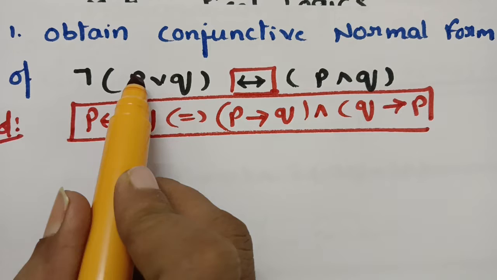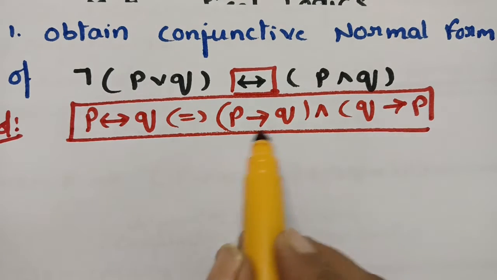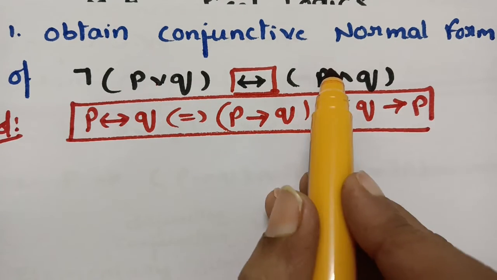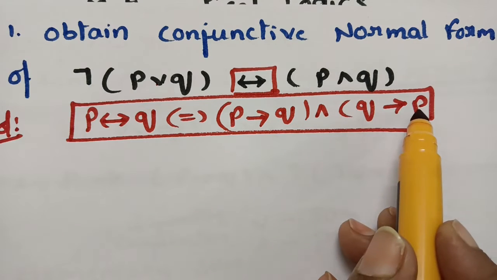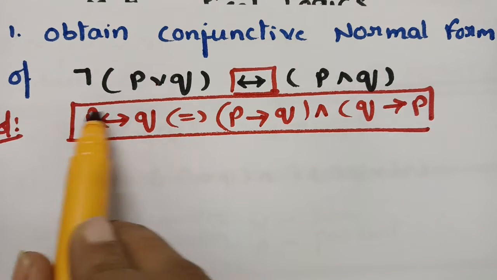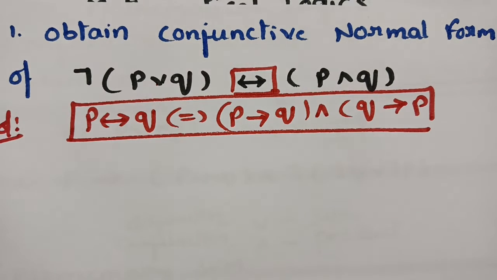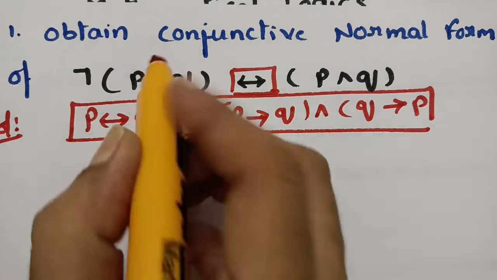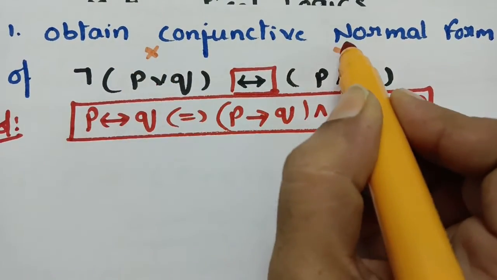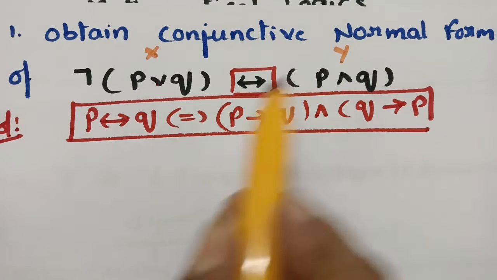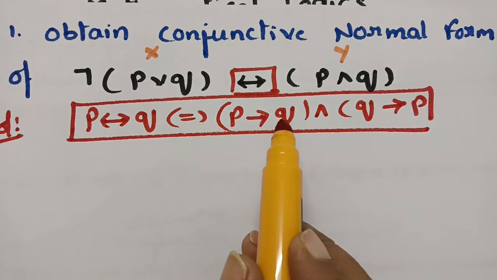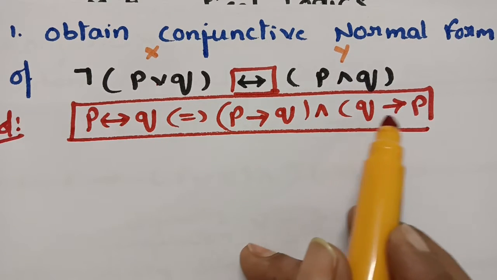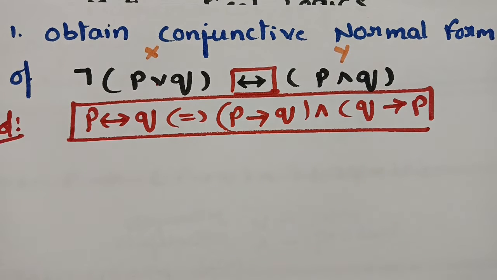So I have to consider this as P and this as Q, and I have to apply it as P implies Q and Q implies P. If you consider this whole thing as one X and this whole thing as Y, P double implies Q means P implies Q and Q implies P. Now I am going to apply this one.